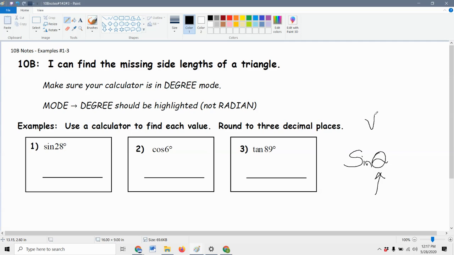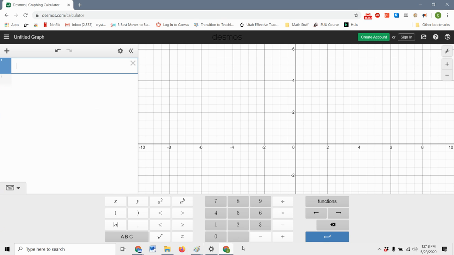Theta, of course, is a variable representing an angle measurement. But when we actually plug the measure of an angle there, then we can get an actual value for the sine, cosine, or tan of that angle. So pretty simple. Let's go ahead and do that for this first example.